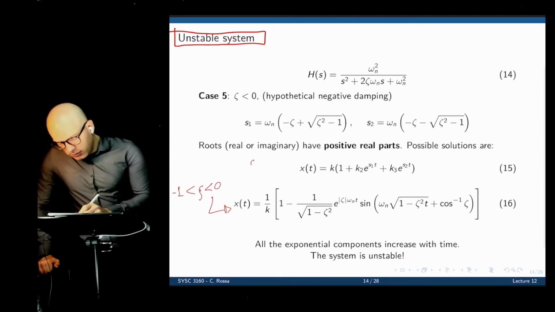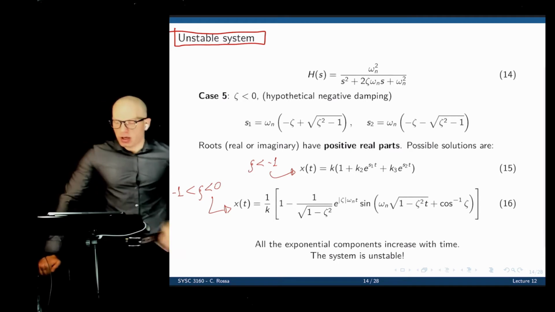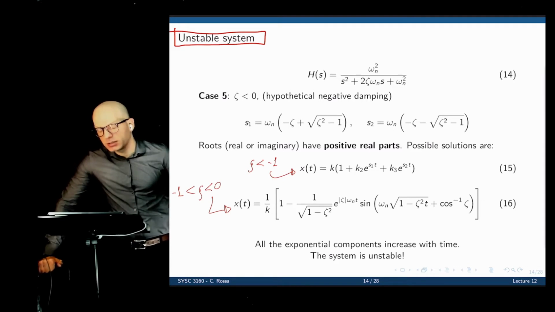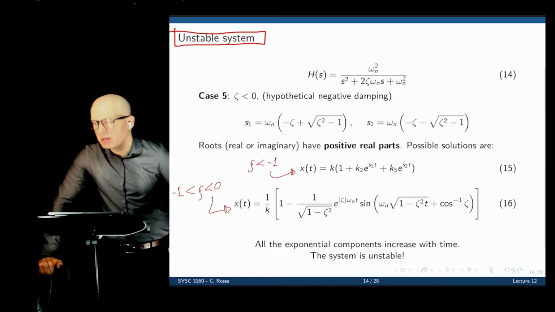If zeta is smaller than negative 1, then we have only real numbers as poles, but they have positive real parts, and everything is only exponential going to infinity.